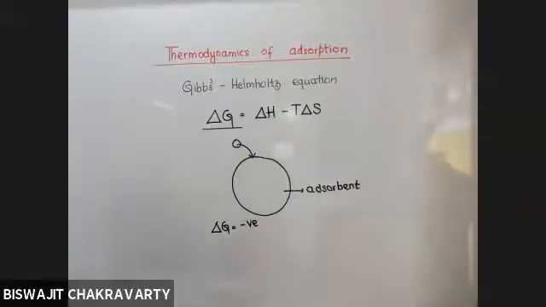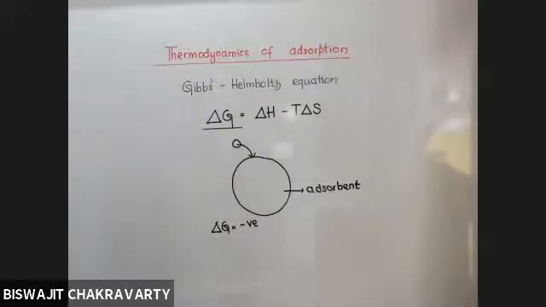During this process, what is happening to delta S? Those who have forgotten the meaning of delta S, let me tell you, S is called the entropy of a system. What is measured by entropy?